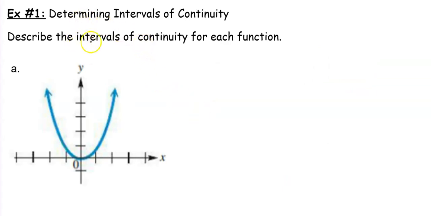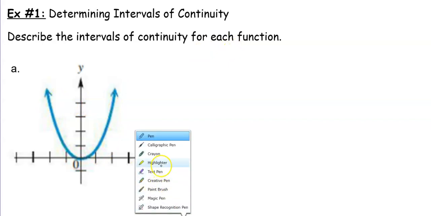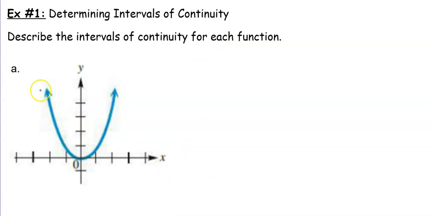Let's determine the intervals, the x values, where we are continuous for this function. So continuous means we can sketch it without ever lifting up our pencil. So if we start here and we sketch it, did we ever have to lift up the pencil? And remember, the arrows mean it goes on forever. So on this domain, we are continuous for every aspect of the domain.